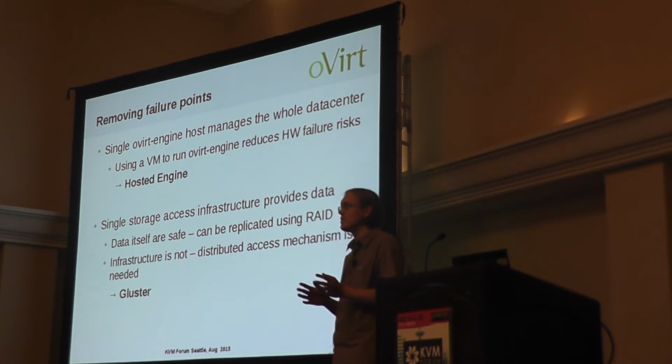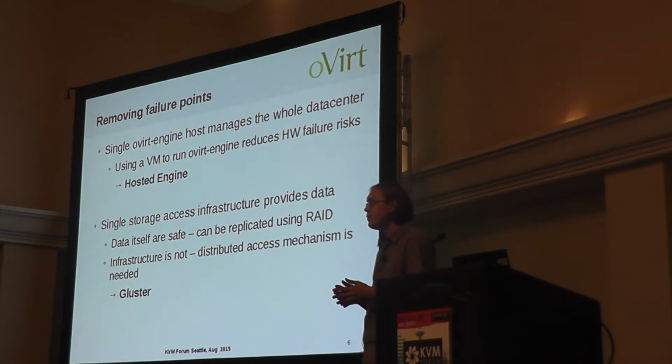So there is some bootstrap procedure for that. But it reduces the hardware failure risks. You can migrate the management across the cluster, and you can decommission hosts and still let it run somewhere else. So that's hosted engine. I'll give you a refresher about how it works probably on the next slide.